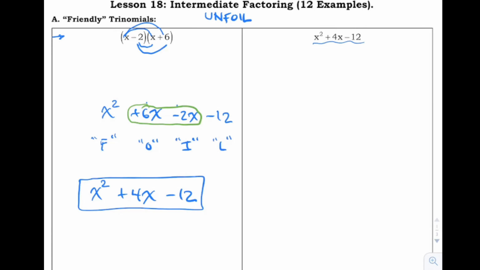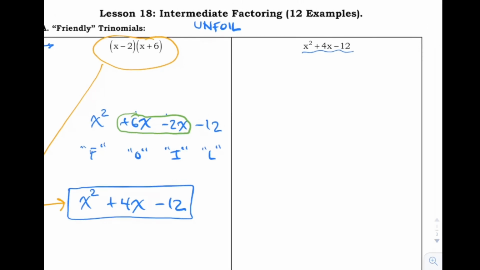We foiled this, and we got that answer. And notice over here, we're starting with that answer, but this time we want to go the other way. We want to somehow end up with this. Somehow we want to unfoil that and end up with x minus 2, x plus 6. So let's see, how would we do this?